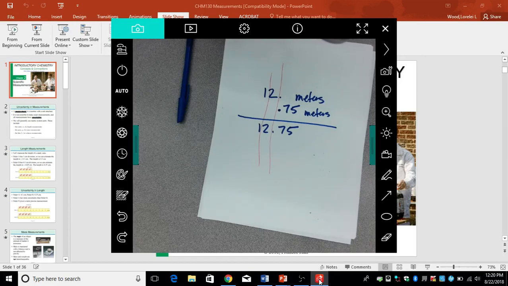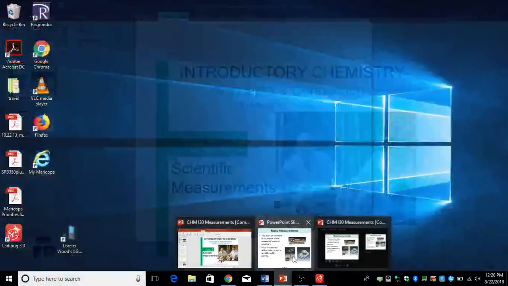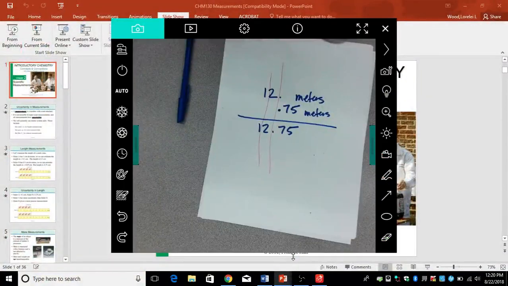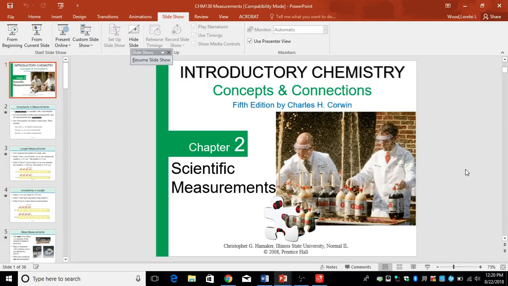Okay, so there you are. And you know what? Don't be like me. When I was in your shoes as an undergraduate, I didn't pay attention to the lecture on sig figs. And what that caused for me was that I didn't understand sig figs the whole rest of the semester.